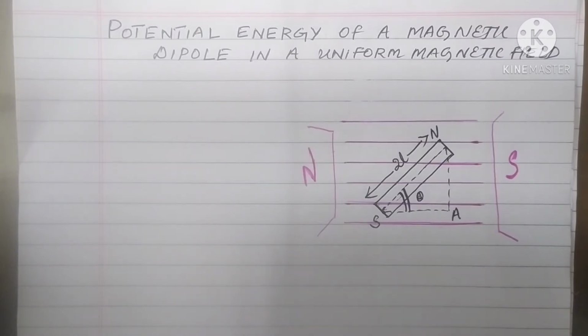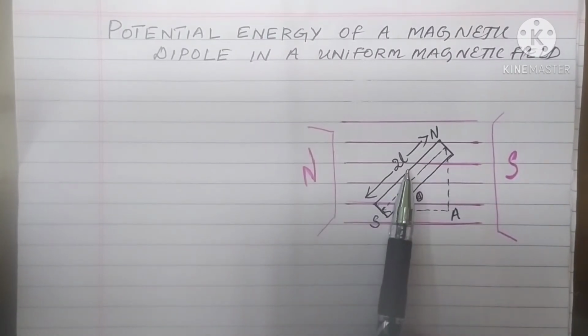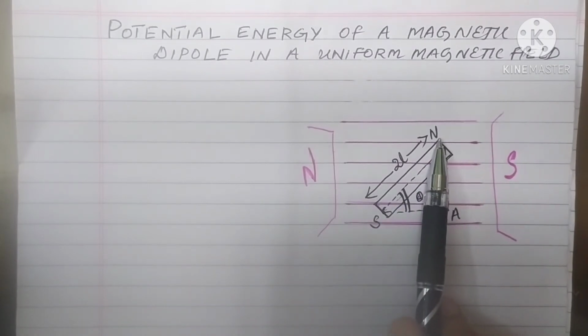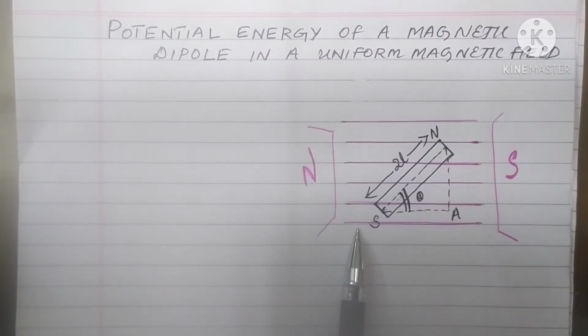For that, I have considered a uniform magnetic field, and in this uniform magnetic field, I have placed a bar magnet north-south, NS. Its length is 2L.